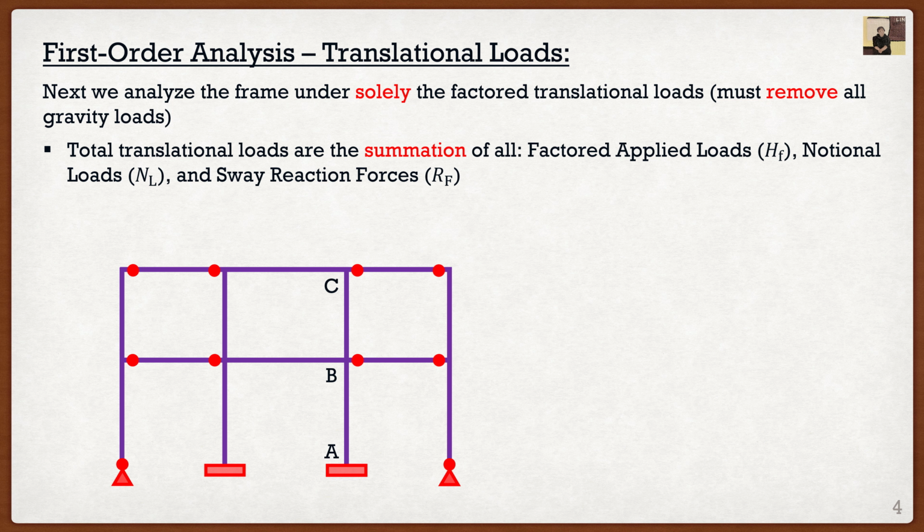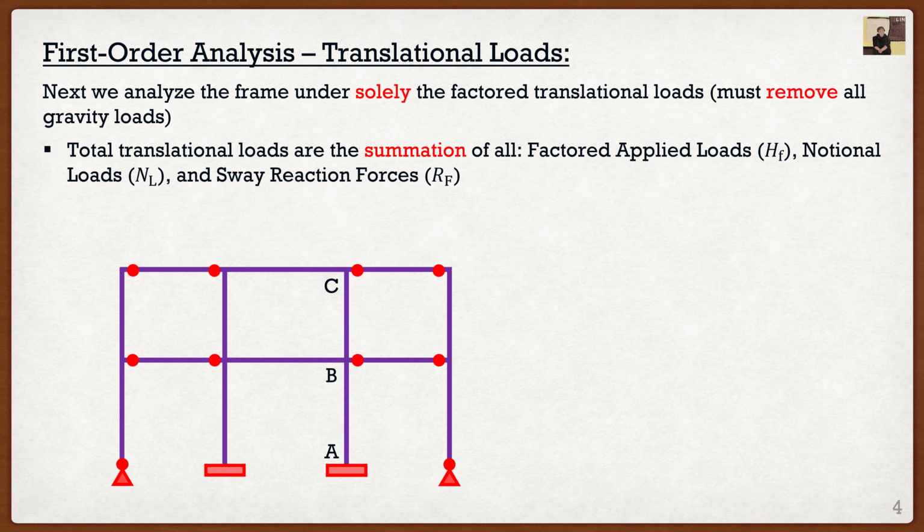The second thing we add to it is the notional load, which we talked about on the second slide. So we already know that we are going to add that to our load. And the third thing, which isn't really prevalent in this example, but something you should always be aware of, is if we had sway reaction forces from the gravity analysis, they would also have to be included here. Luckily for us, since our frame was symmetric, we don't have to include these sway reaction forces because they're equal to 0.